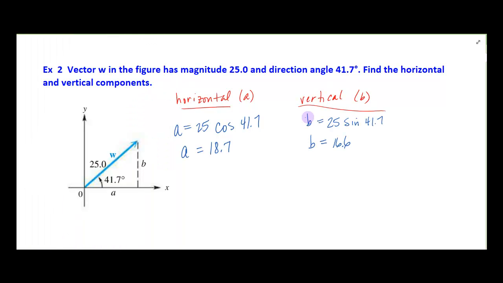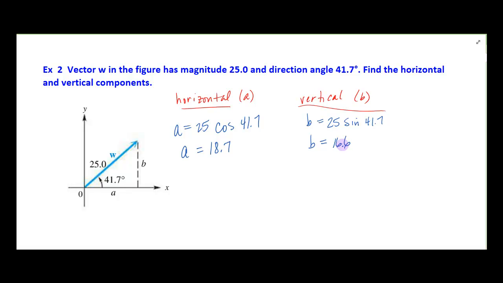So similarly, for the vertical component, I take 25, which is the magnitude of my vector, multiply it times the sine of the angle, and I find that that is 16.6.